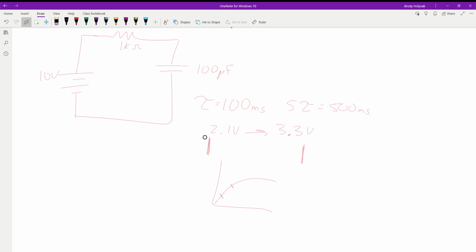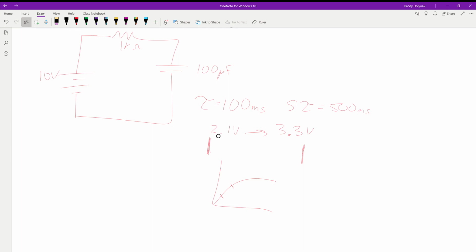The idea behind this is anything below 2.1 volts-ish is considered a low in digital. Anything above 3.3 volts is considered a high in digital. Well, if it's not a low and it's not a high, what is it? It's unknown. The device will kind of make a guess in this realm.